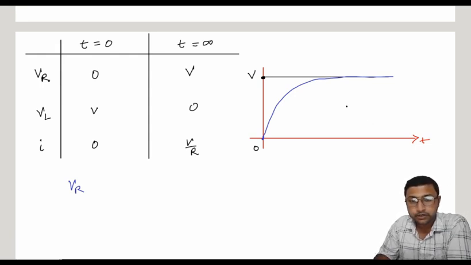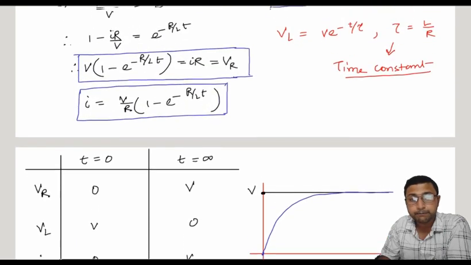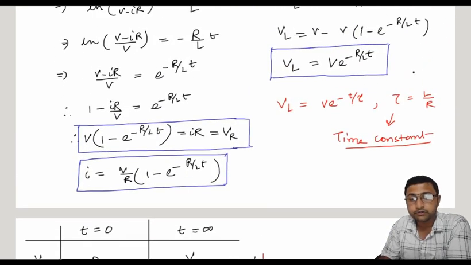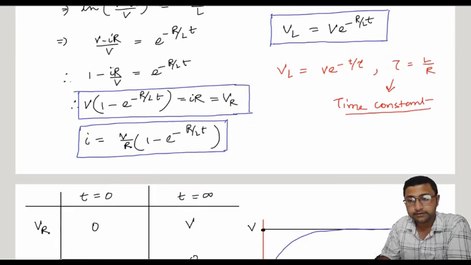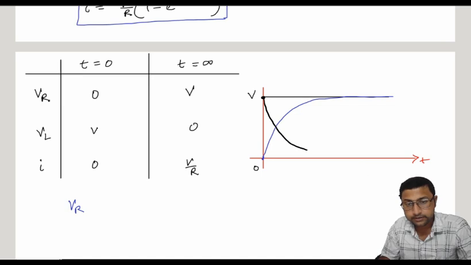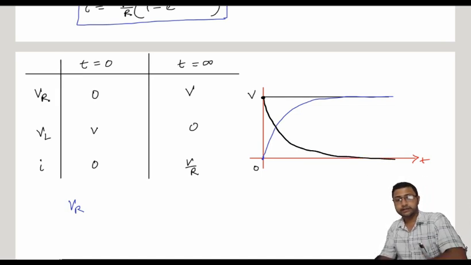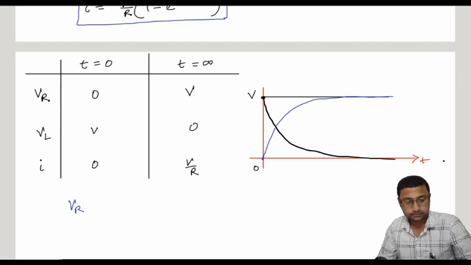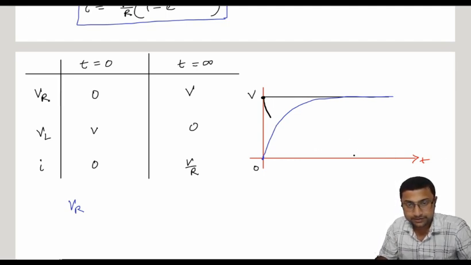The equation of VL represents that it is also an exponential graph, exponentially decreasing. So it will start from the value V and again reach the 0 value at t equal to infinity, like that. Actually, this is very difficult.